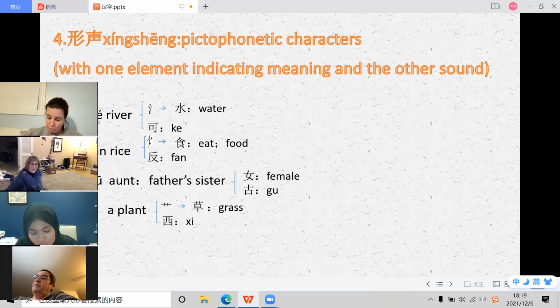This is maybe because of time and development, and some pronunciations are different from ancient China. So it sometimes changes. But it can also help us to tell the pronunciation of some characters. For example, these are actually all the same.